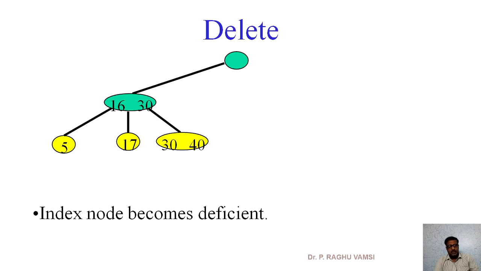B+ trees in general will have the same properties as a B tree. But the differences are: B+ trees will allow the duplicate elements. All the data items are stored in the leaf in the B+ tree, and all the data items are linked together via a doubly linked list. So this is what the B+ tree concept is.